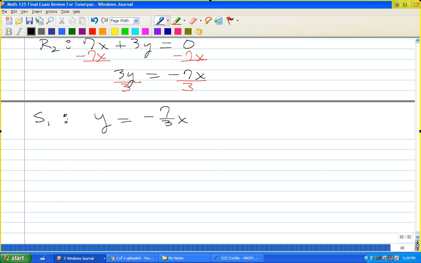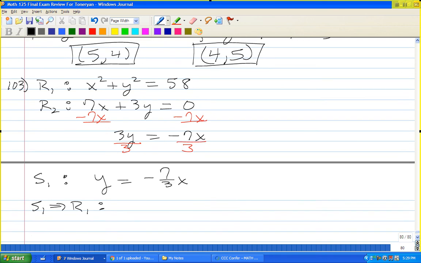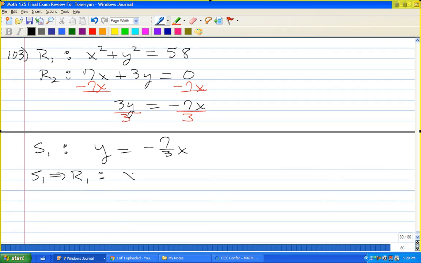Let me call that S1. So now let me plug S1 into R1. So I get x squared plus y squared equals 58. Okay, so let me square.